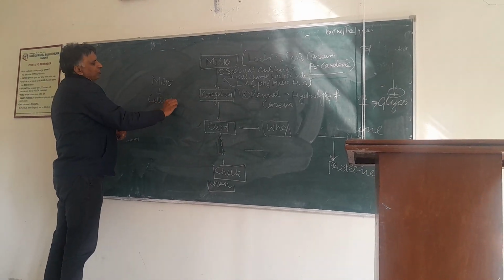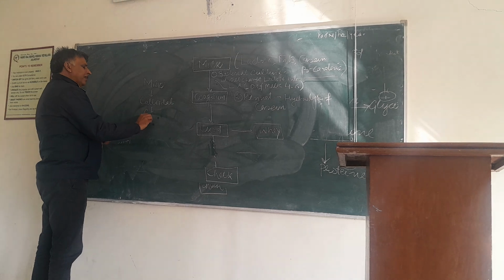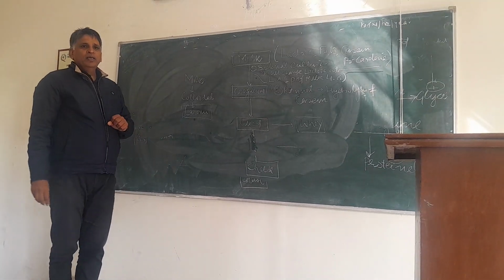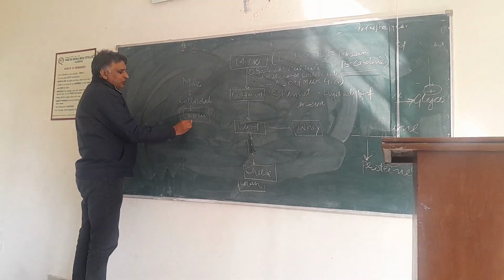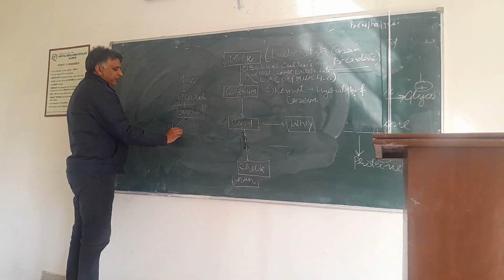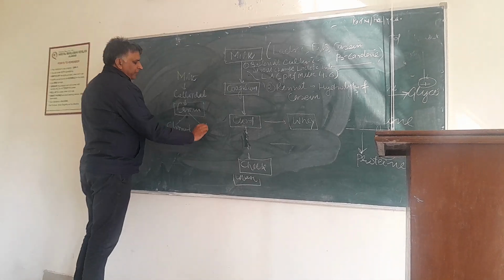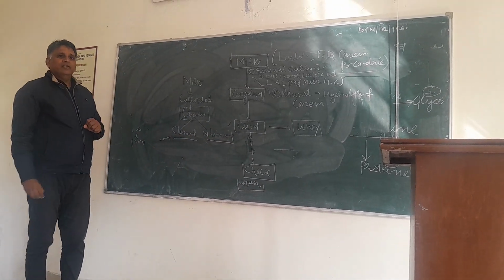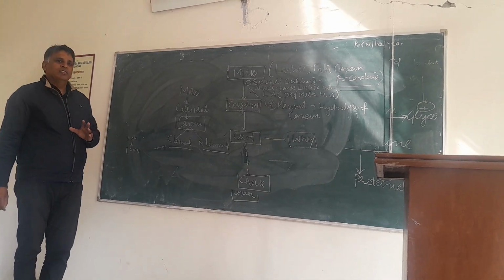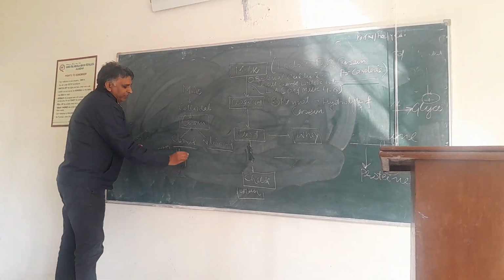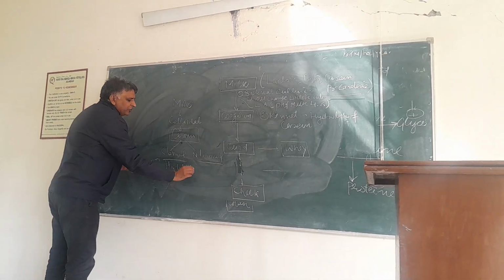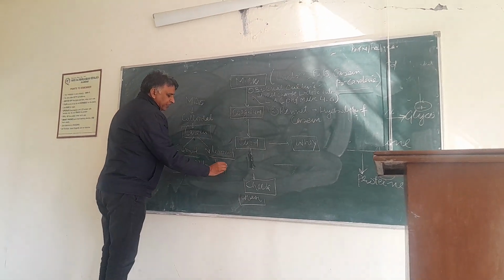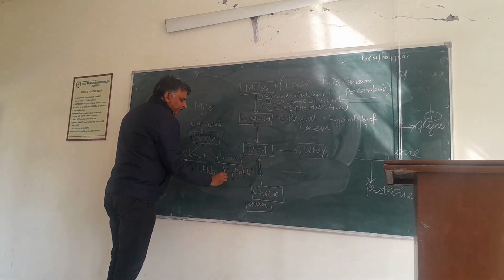If we analyze this casein protein, we see that it has two regions, the C-terminal region and the N-terminal region, because it is made up of amino acids. The C-terminal region of casein is hydrophobic in nature, which is basically lipid loving, and the N-terminal region is hydrophilic in nature, that is, water loving.